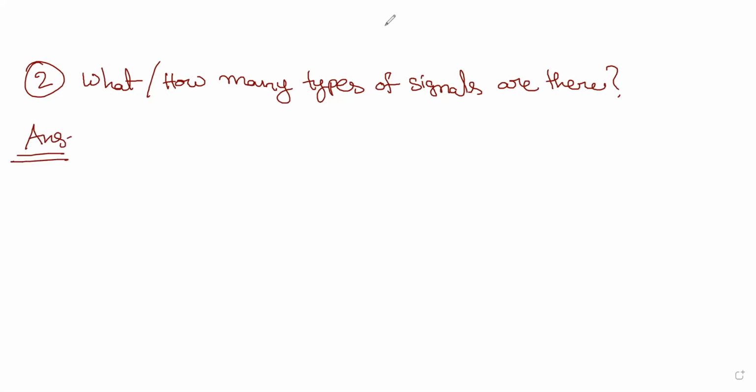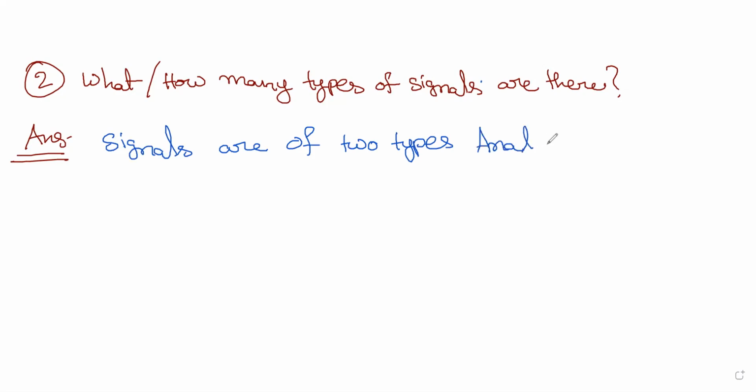The answer goes like this: signals are of two types.